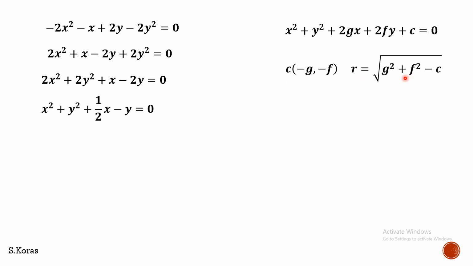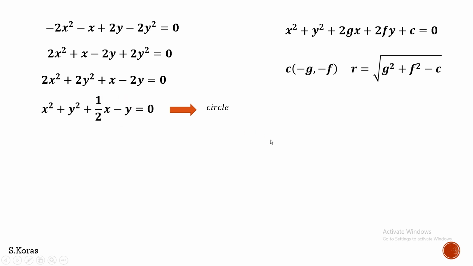Center is minus g comma minus f, and radius is root of g square plus f square minus c. So first of all, it is crystal clear it is a circle. The equation is in the form x square plus y square, this is 2gx and this is 2fy, and there is no constant term, so c should be considered as 0.